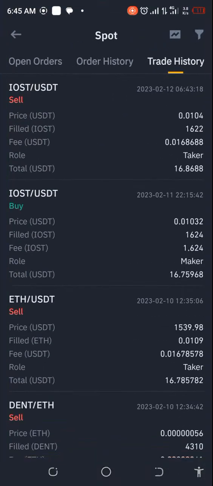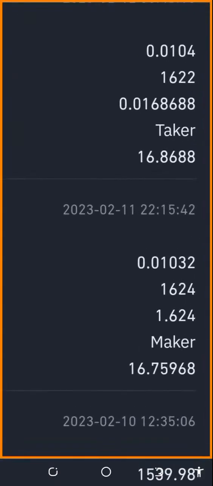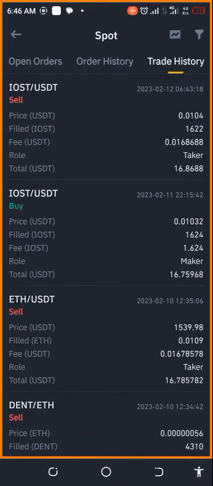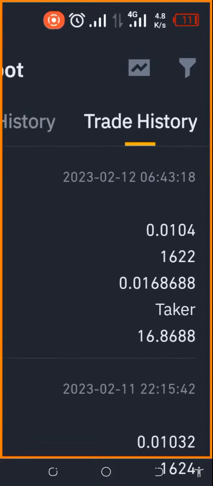We could have decided to wait for BTC to get back to 0.0104, but that would take a longer time. So how long ago was this? Let's check the difference in time. This was 22:15, which is like 10:15 p.m., and this is 6:43, so about 8 hours.